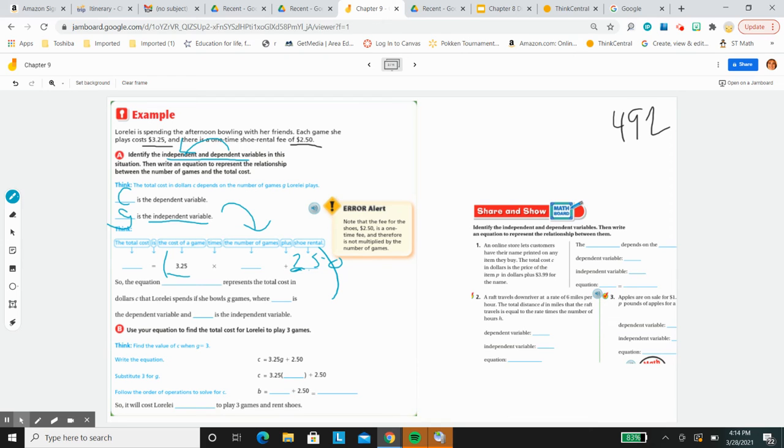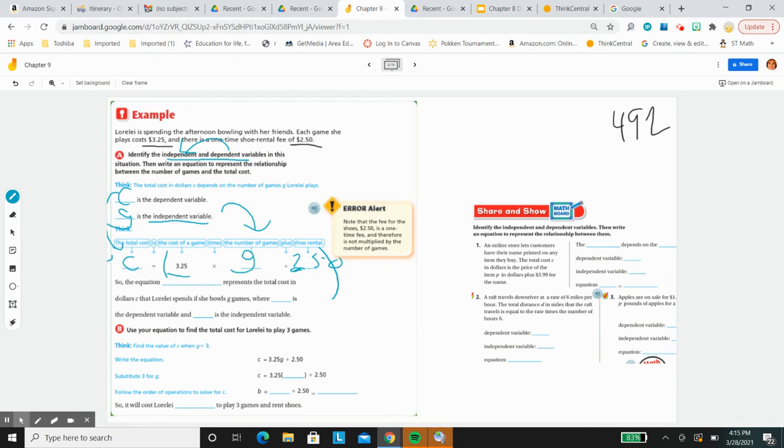So the total cost is my dependent variable right here. So C, the cost, is going to be dependent on $3.25 times the amount of games that she plays, plus the cost of the shoes. Are you following me so far?